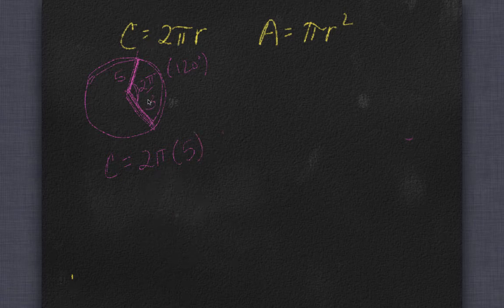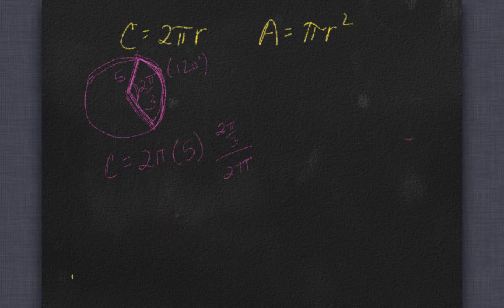So if I now say, instead of 120 out of 360, I say 2 pi over 3 out of 2 pi, because that's now the total. So this is the portion I've got covered here on this little arc length.